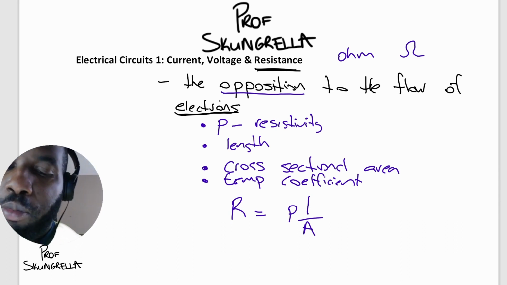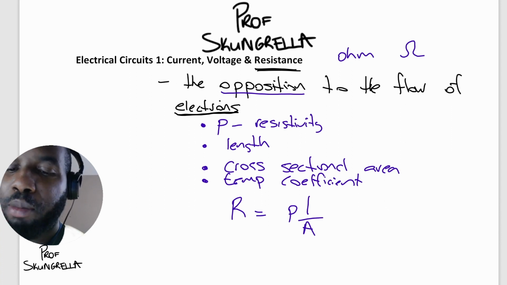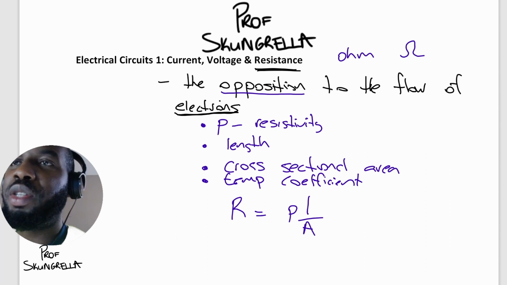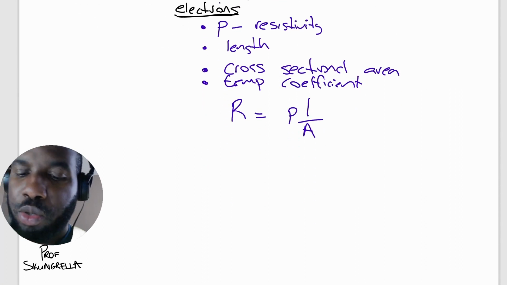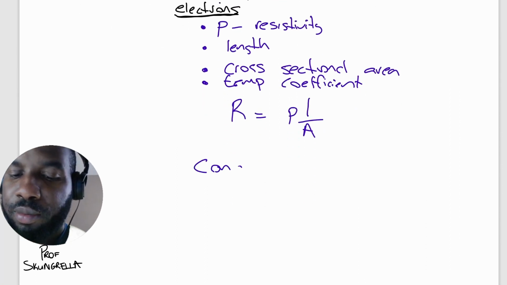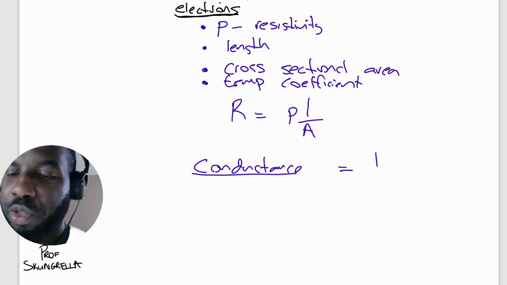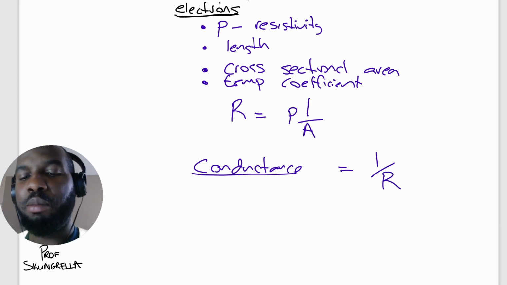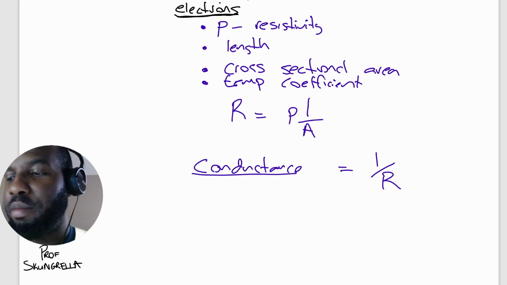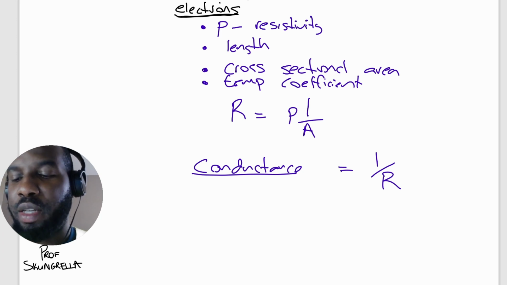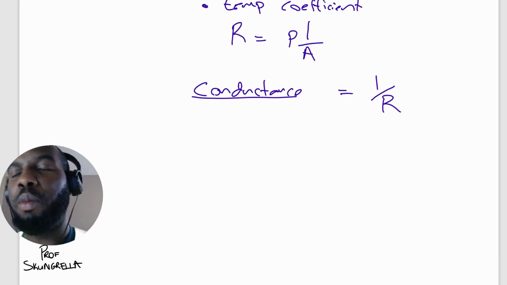We also measure the opposite of resistance. Sometimes instead of describing the resistance for a circuit, it's important to describe the conductance. And conductance is simply 1 over resistance, the opposite of resistance.